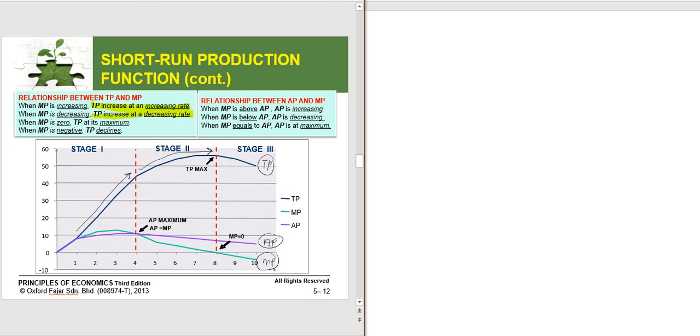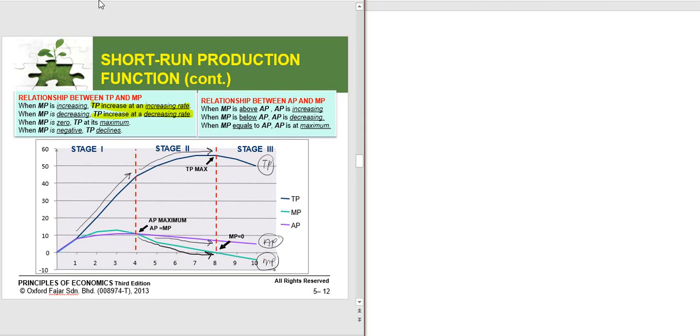So when your additional production increases at a decreasing rate, your marginal product will decrease. You can see the green curve here is decreasing. That shows the marginal product decreases, because your total production is no longer increasing too much. And then your average product is also decreasing.